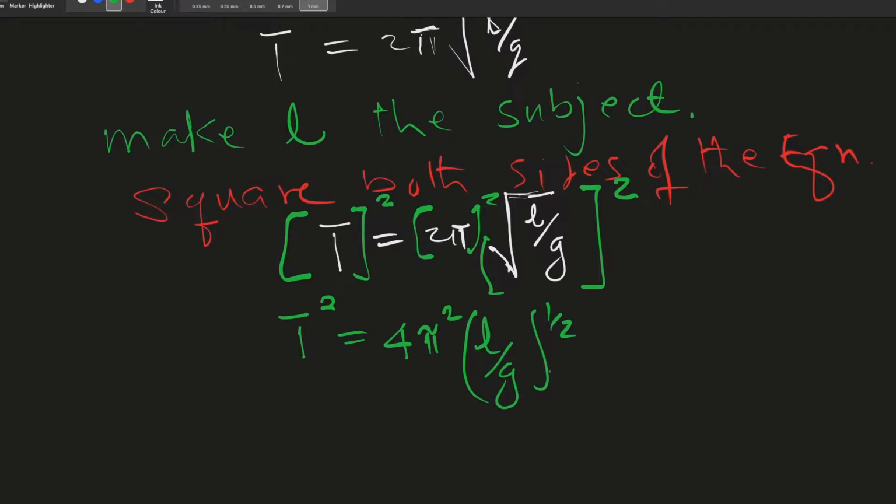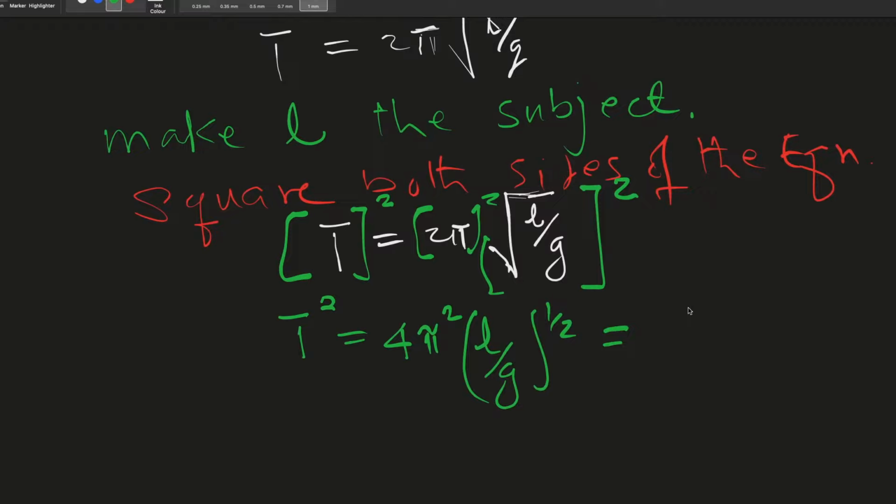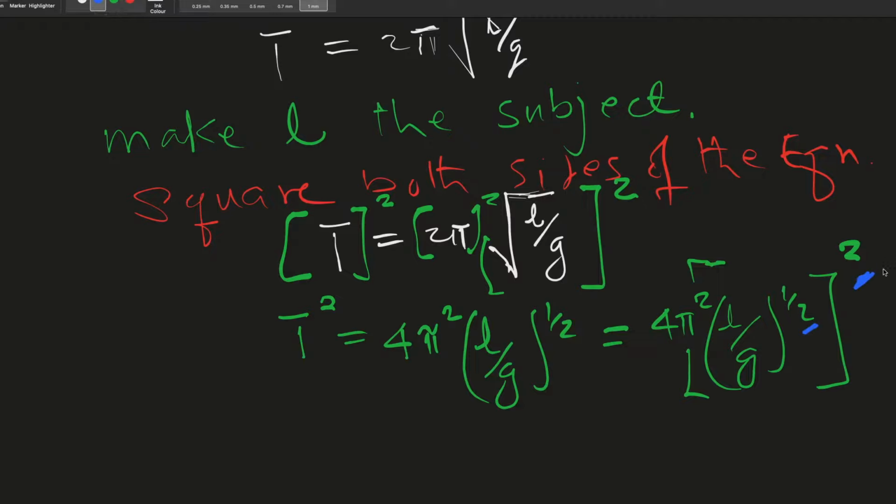Okay, so if that is the case, we can say that 4 pi squared L over G all raised to the power half. We are going to square this and that. So when we do that, this half and 2 will cancel.